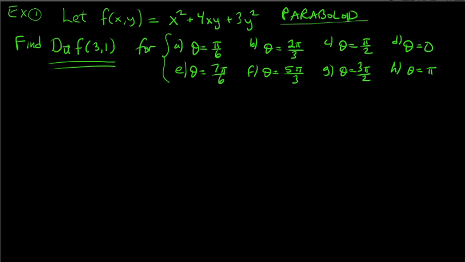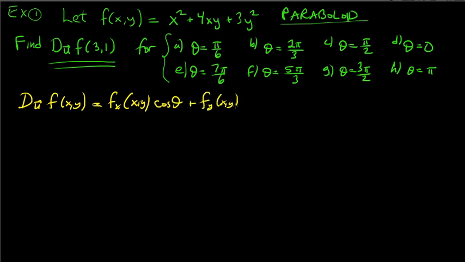But it's really a lot, right? Because there's eight of these we have to figure out. But it's not that bad. So we're going to use the following definition. Sorry, not the definition, the theorem, which says that the directional derivative is just the partial derivative of f with respect to x at the point xy, right, times the cosine of theta, plus the y partial of f at that point times the sine of theta.